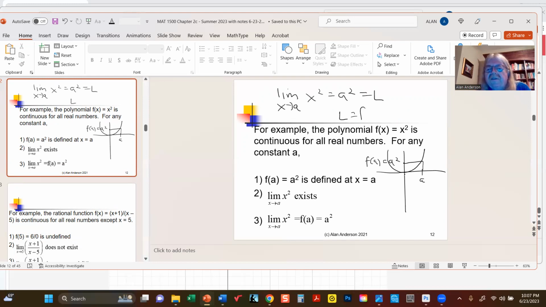So L equals f of a. The limit exists, and the function is defined at this point. So the function is defined, the limit exists, and equals f of a. So therefore, this is a continuous function.